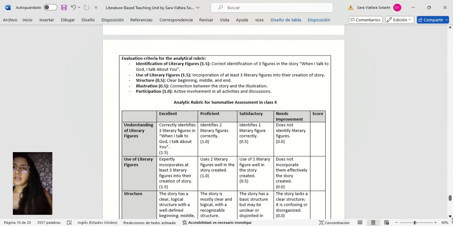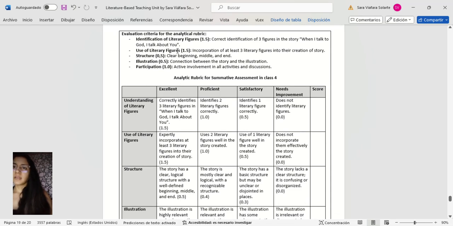The evaluation criteria for the analytical rubric are these ones. The first is identification of literary figures, that is when the students see in the projector the text of the story that they have to identify. The second criteria is the use of literary figures.